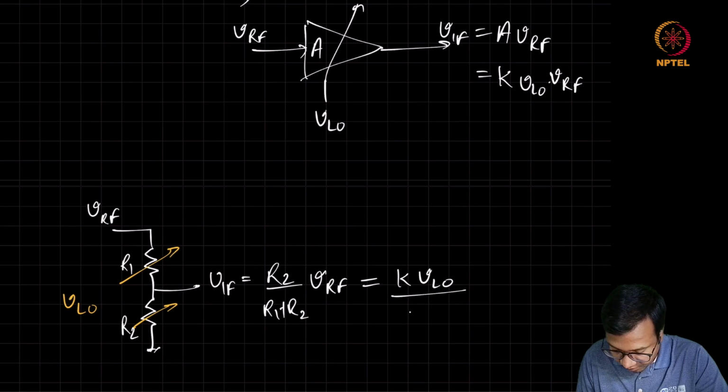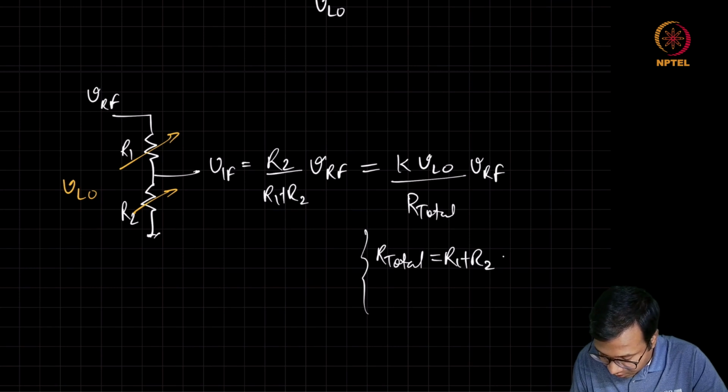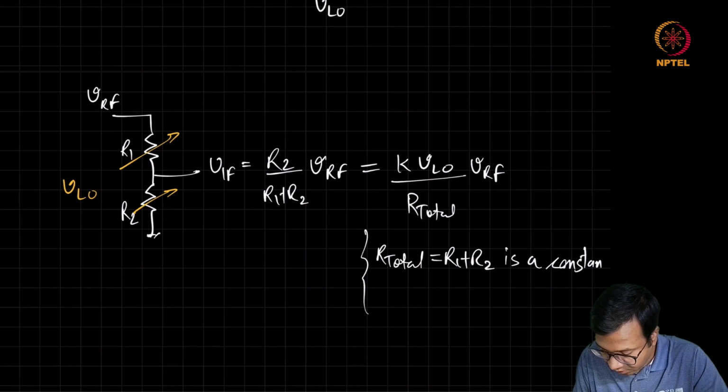So let's call it R total, where R total is equal to R1 plus R2, a constant.